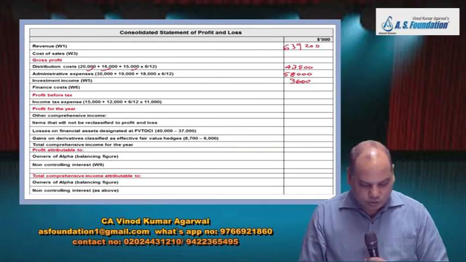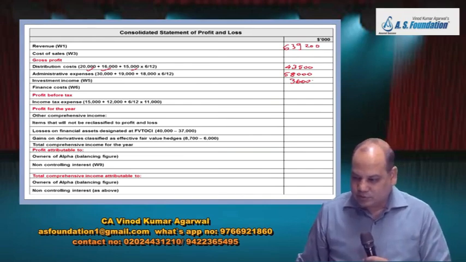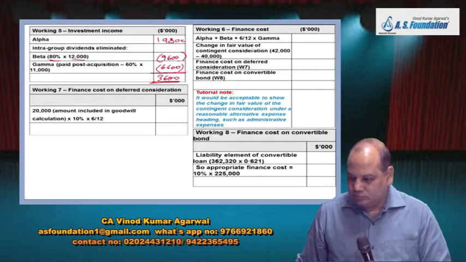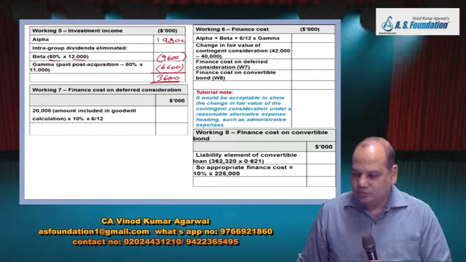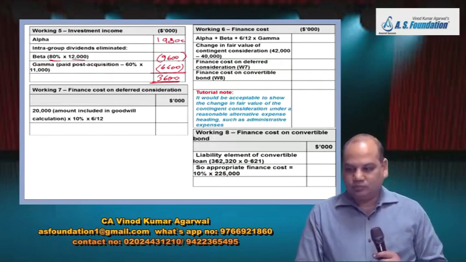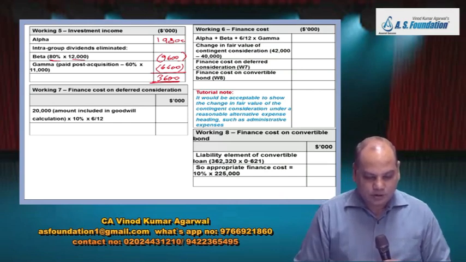Then finance cost. First you come to working note number 6. Add alpha, beta, half gamma. How much? 35,500.